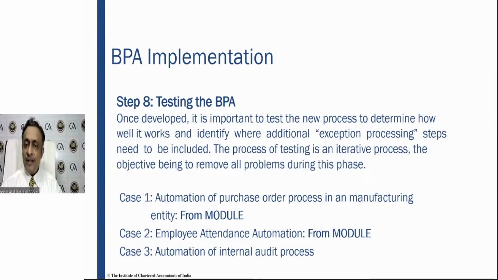Once developed, it is important to test the new process to determine how well it is working and identify where additional exception processing steps need to be included. Testing is an iterative process. You do it more than once, the objective being to remove all problems during this phase.